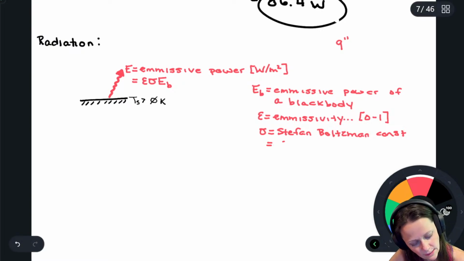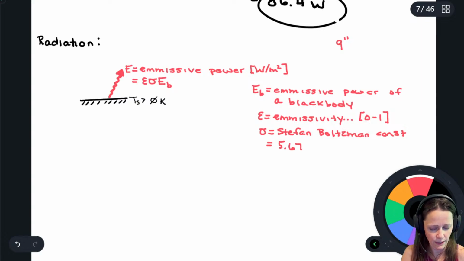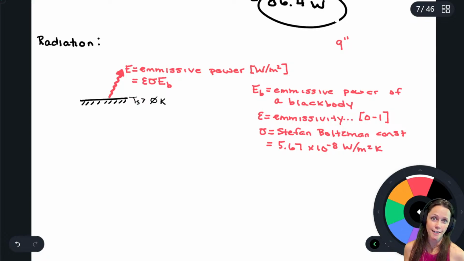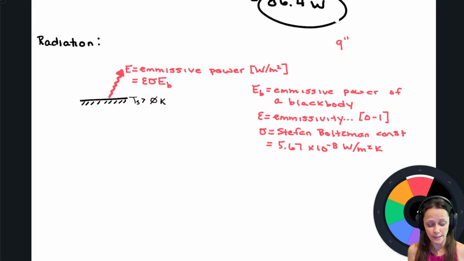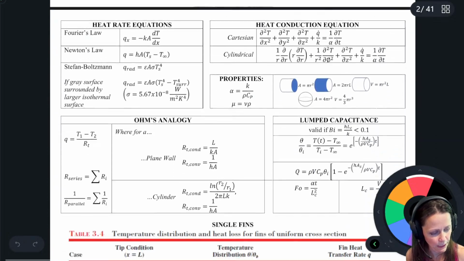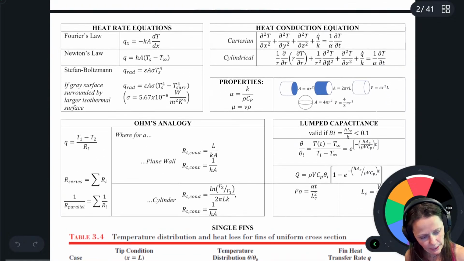And this is 5.67 times 10 to the negative 8 watts per meter squared Kelvin to the fourth. It's a constant, but it's not anything that you actually have to memorize, because if you look in your heat transfer packet, that big 41-page PDF behemoth, it actually is on there.